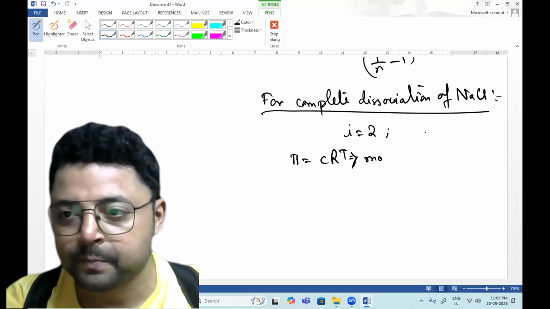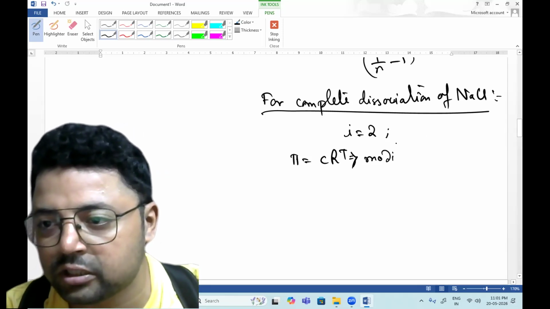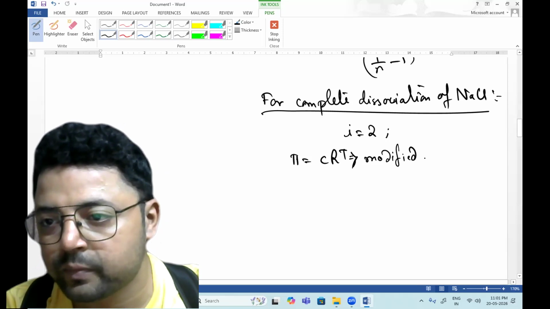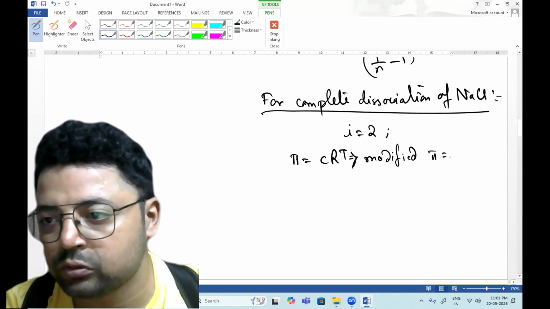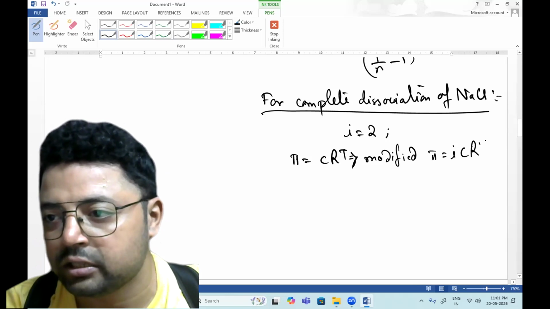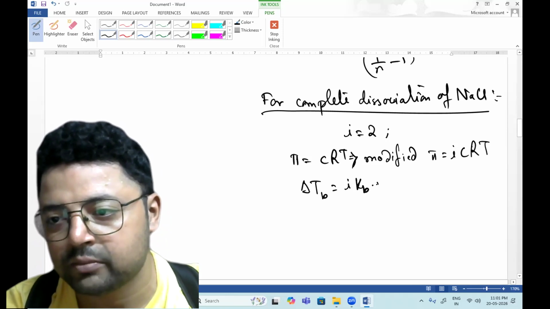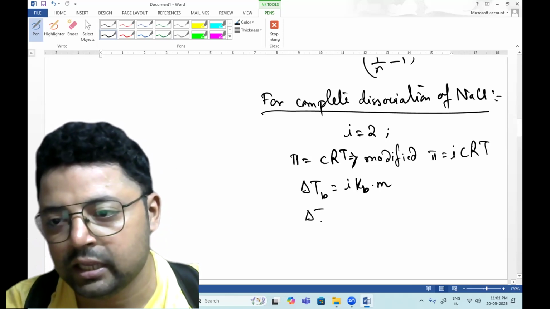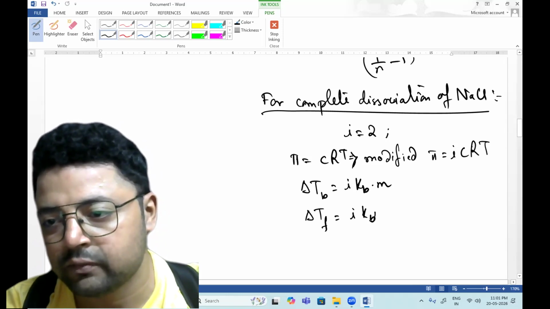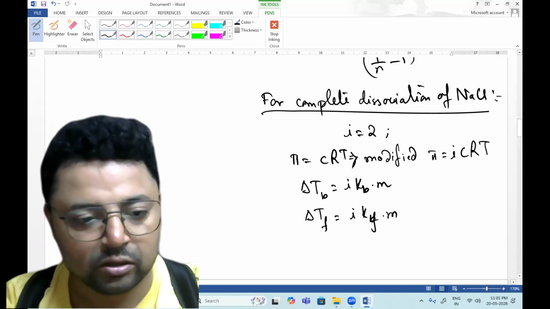Okay, like that. So the modified version here is pi equals iCRT. Same goes for delta Tb equals i into Kb times m, delta Tf equals i into Kf, sorry, times m.